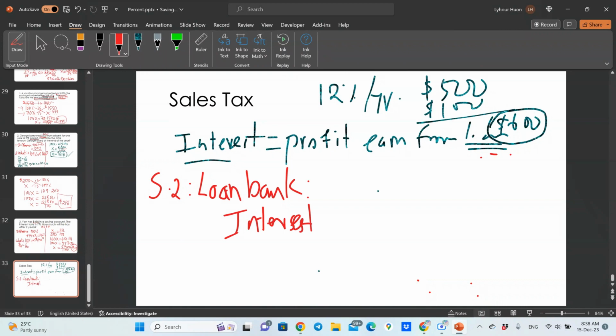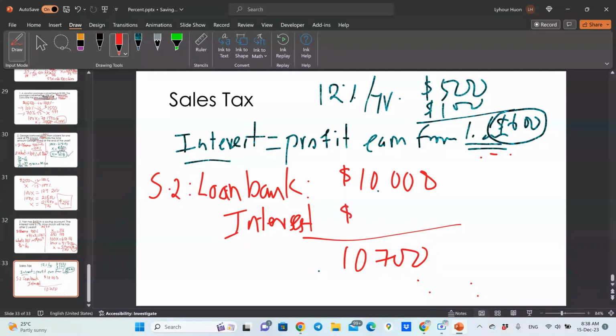Let's say I give somebody $10,000 for the loan, and then next year they will give me $10,000 plus $700, because $700 is the interest. Wait, so I gave somebody $10,000 for a loan? Yes. So, for example, I lend you $10,000 for 1 year.